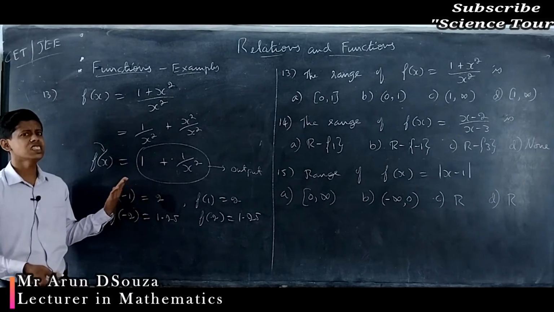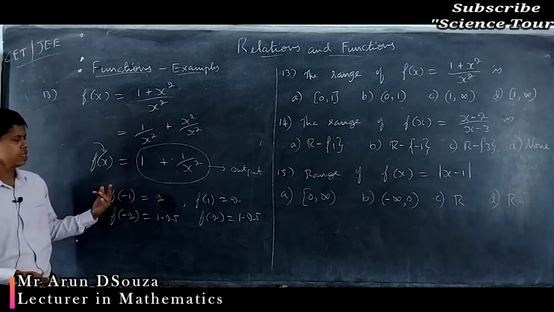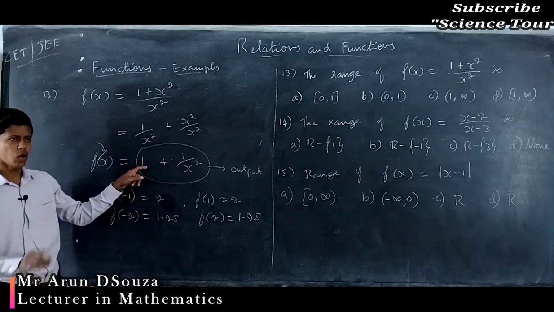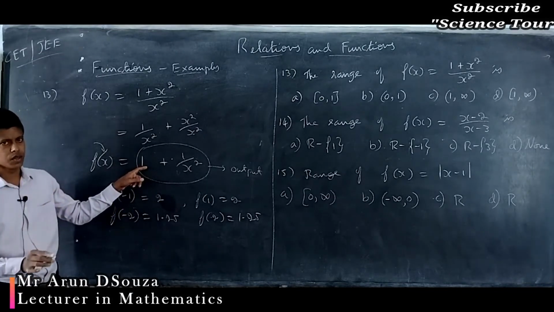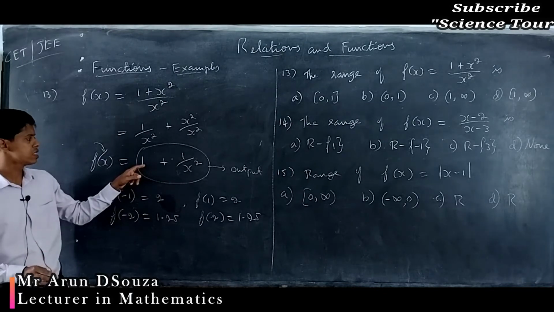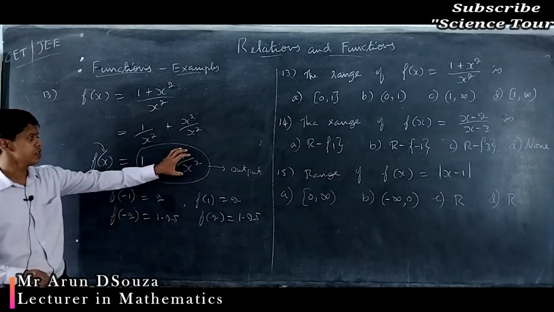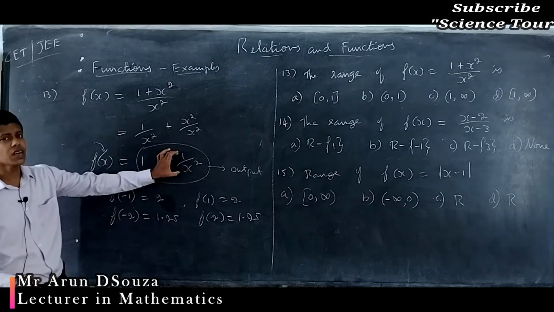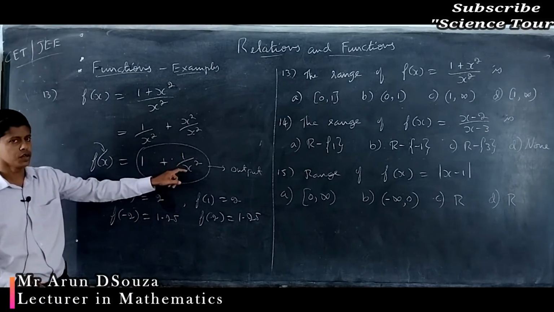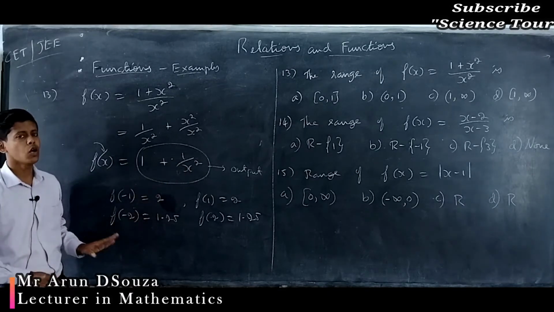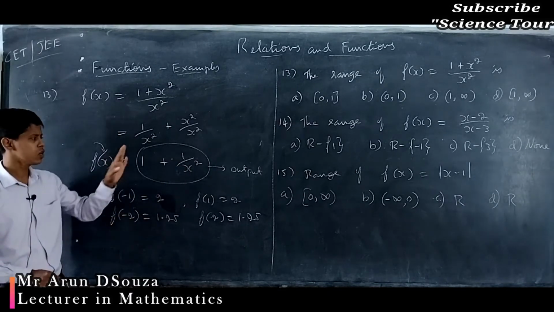And what is the least you will get? The least you will get is 1.0001 or something. You won't get 1 at all. When will you get 1? If this quantity is 0, but this quantity is never 0. You put any value here, that won't be 0 at all, but very close to 0.